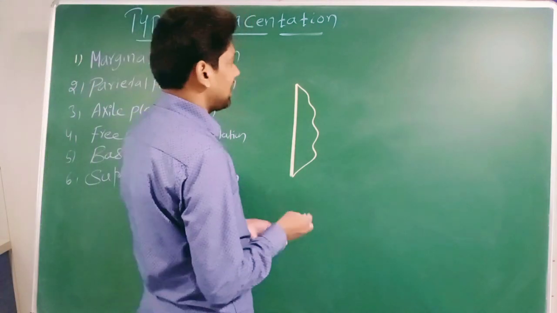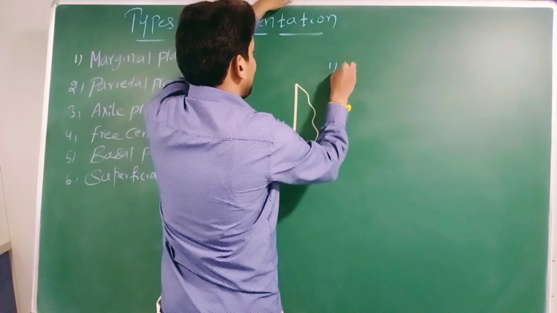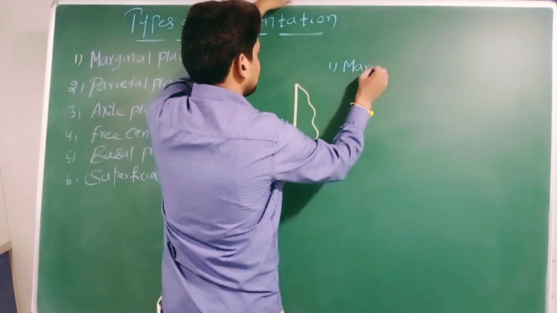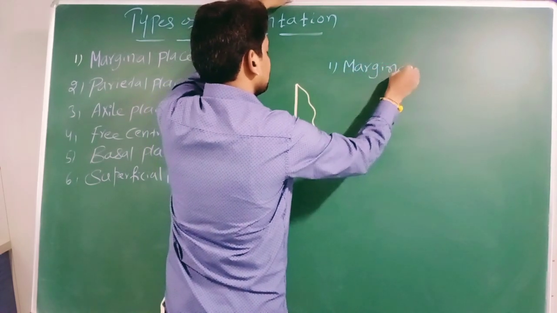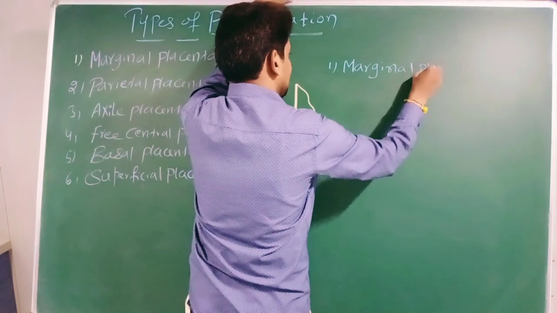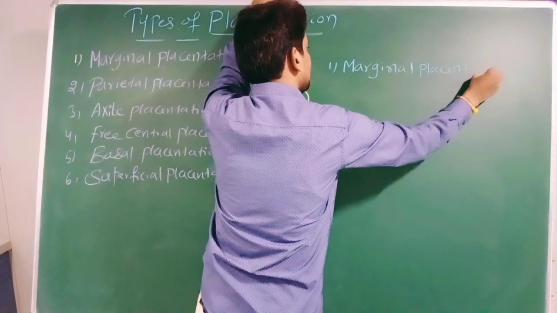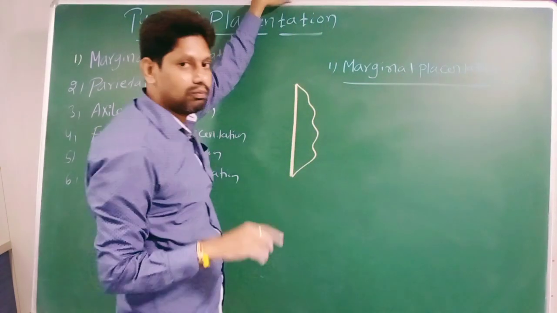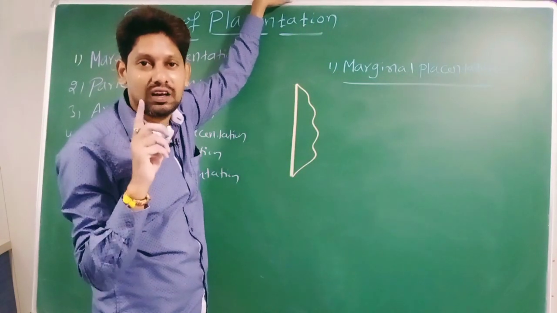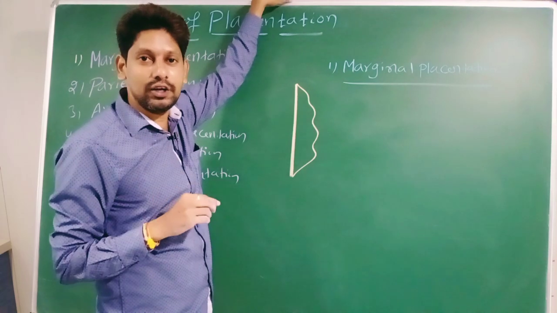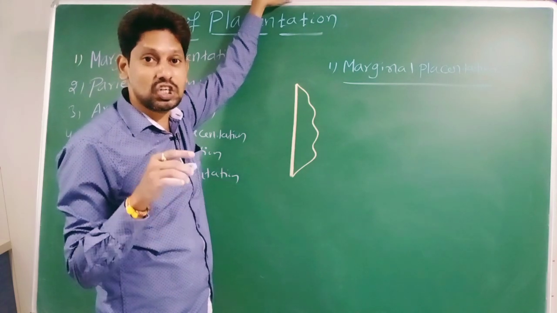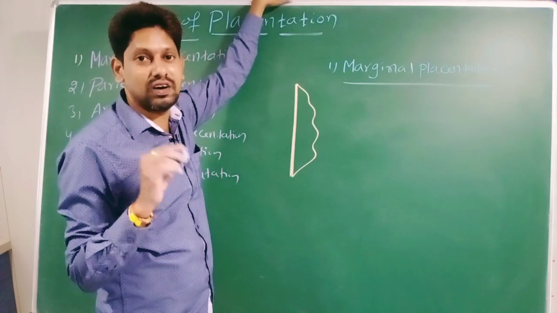Go for the first one. What is it? Marginal placentation. This marginal placentation is seen in the gynoecium with one carpel, with one locule. I already told you, locule means the chamber present in the ovary.